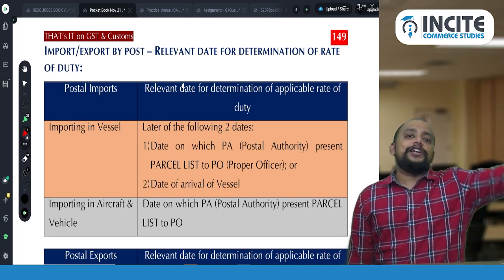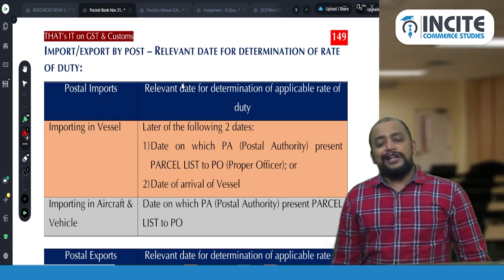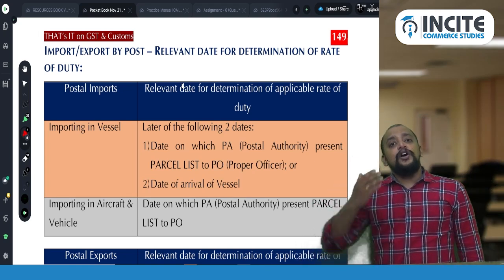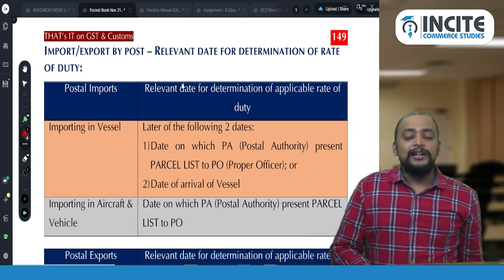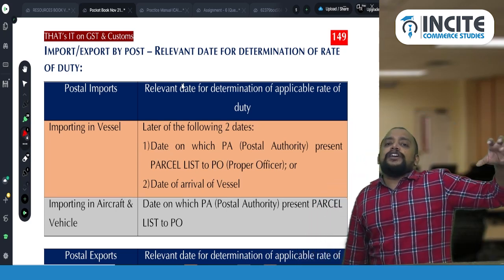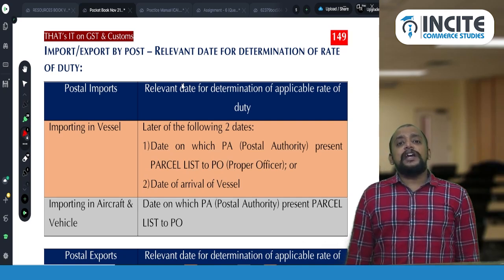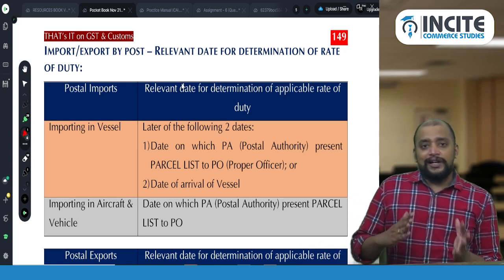Normally we know what is taken as the relevant date for determination of rate of duty: the date of presentation of bill of entry or grant of entry inwards, whichever is later, or the date of presentation of bill of entry or arrival, whichever is later. But that is not applicable in case of import or export by post or courier. So in case of post or courier, we need to take a different way.